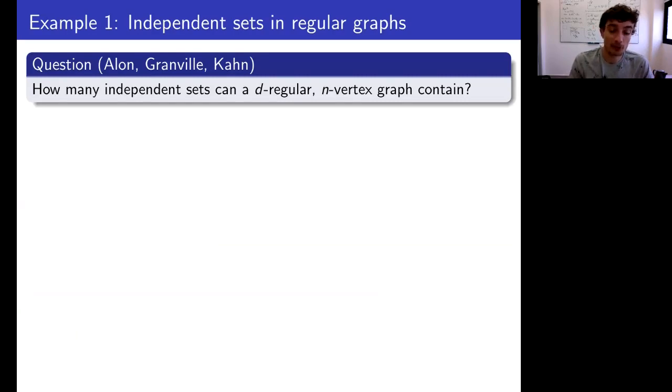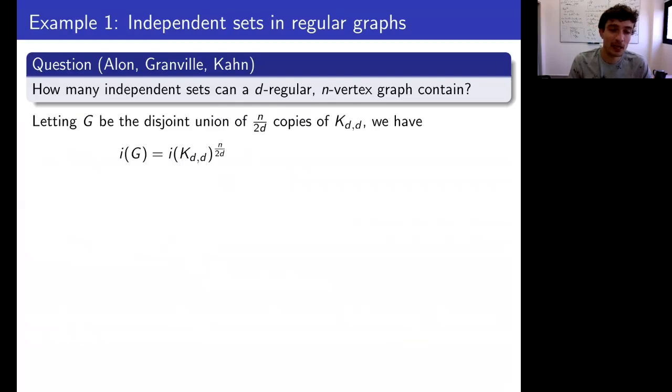What's the largest number of independent sets in a graph from this family? A natural guess that presents itself is to consider the graph to be a disjoint union of copies of K_{d,d}, the complete bipartite graph with d plus d vertices.